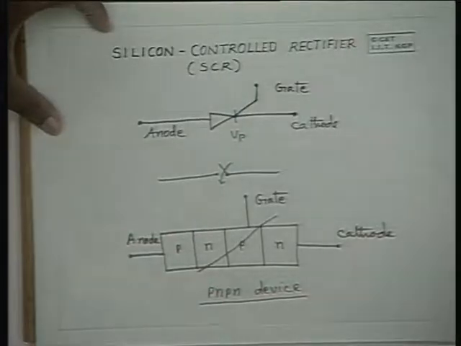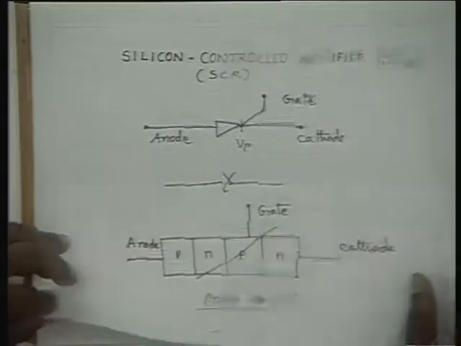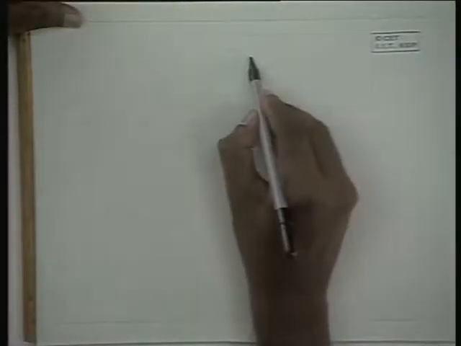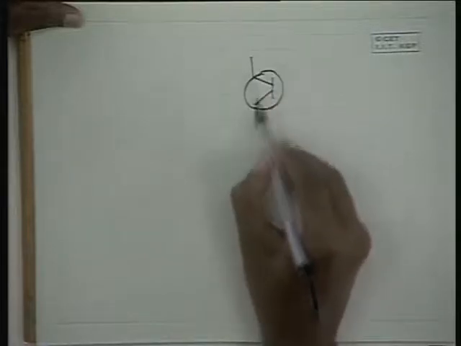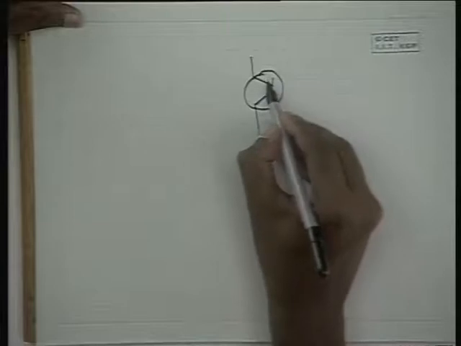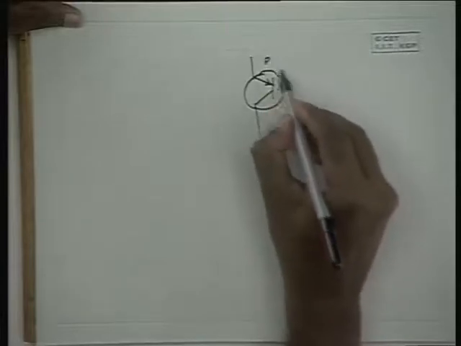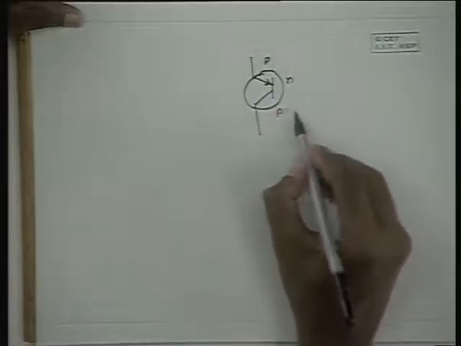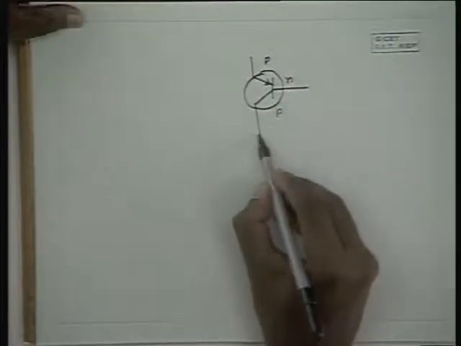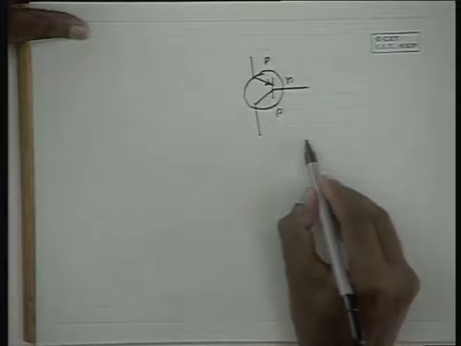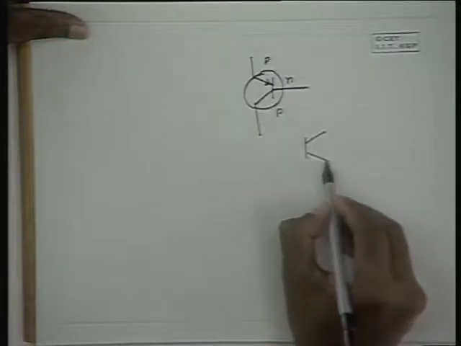So this device can now be represented in this fashion, where we have a PNP transistor and an NPN transistor.